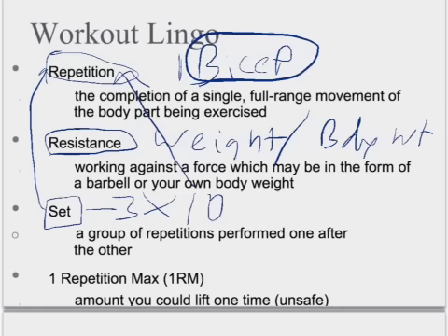On the bottom here, 1 repetition max is how much I could lift one time. You never really want to do this. This isn't a safe thing to do, but when you're figuring out how much you should lift during your sets, you kind of want to have an estimate of your 1 repetition max, which there are charts to help you figure out what you could lift in a 1 repetition max.